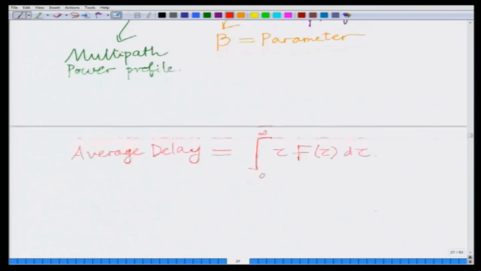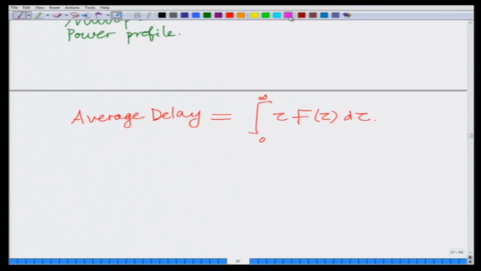So, the average delay, which can also be denoted by tau bar, equals integral 0 to infinity tau beta e to the power of minus beta tau d tau. Now, let us use integration by parts.